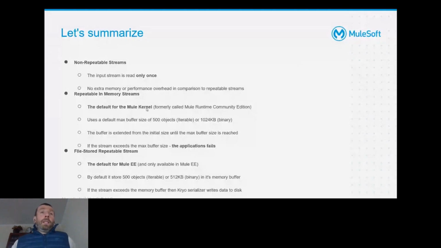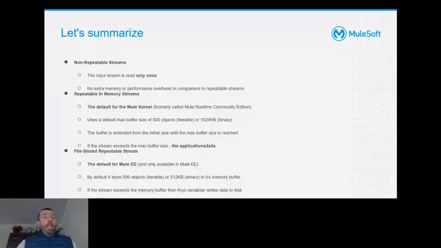Anyway, we know that it's not the Enterprise Edition. It has some defaults, but when we extend this max buffer size, as I showed at the demo, we end up with a failure.